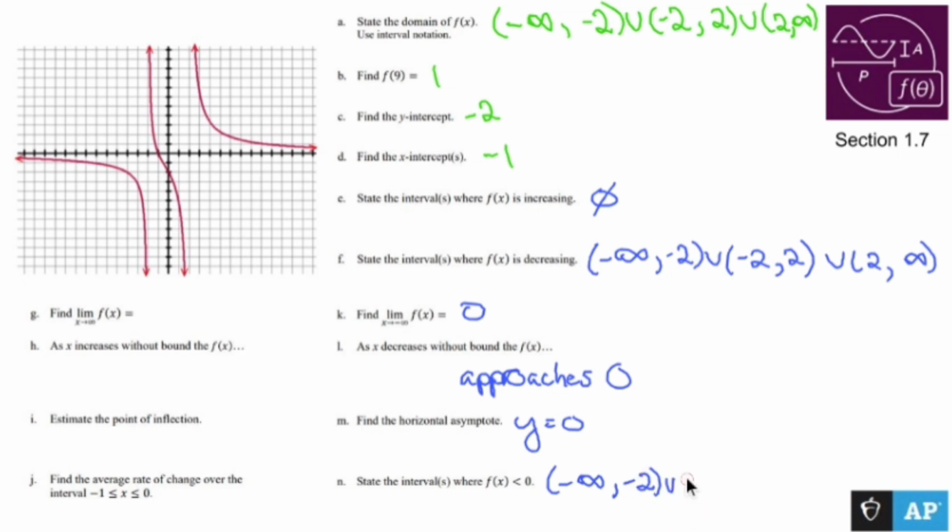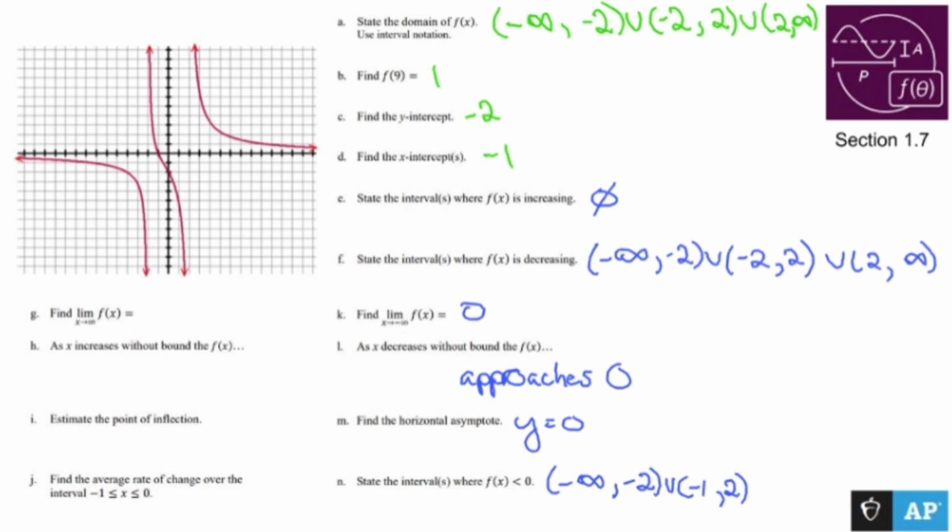So we're not going to include -1 because we're not allowed to include 0. But after -1 and going on to regular 2 is where it's going to stay under the x-axis. Then it reappears above the x-axis and remains above. So these are the only 2 intervals where it's less than 0.